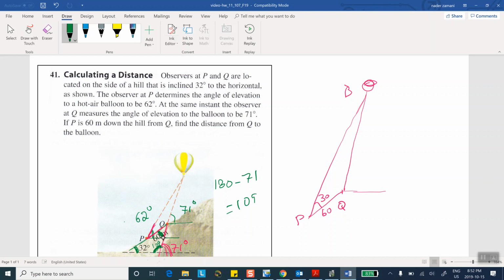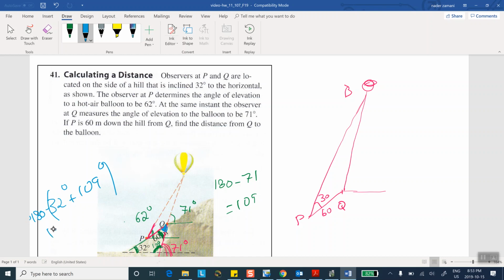And if you have that angle as 109, you have the angle here, which I'm going to draw as blue. This blue angle you have, because it's 32 plus 109, 141. If you take that out of 180, you're going to get that blue angle.